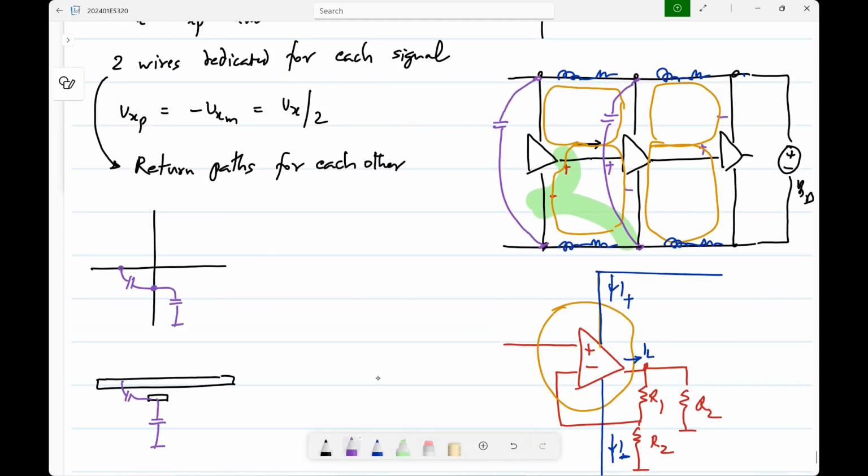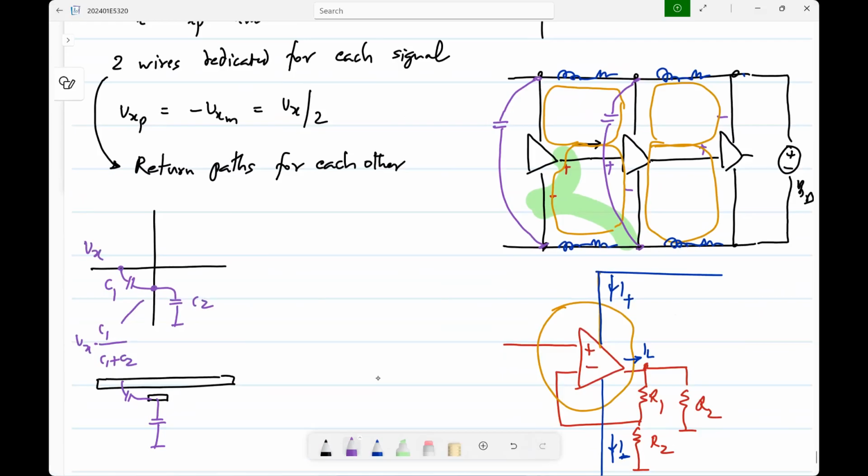So now, if I have Vx here, what is the voltage on the other wire due to Vx? Some voltage division depends on the parasitic capacitors. This will also get Vx times C1 by C1 plus C2.